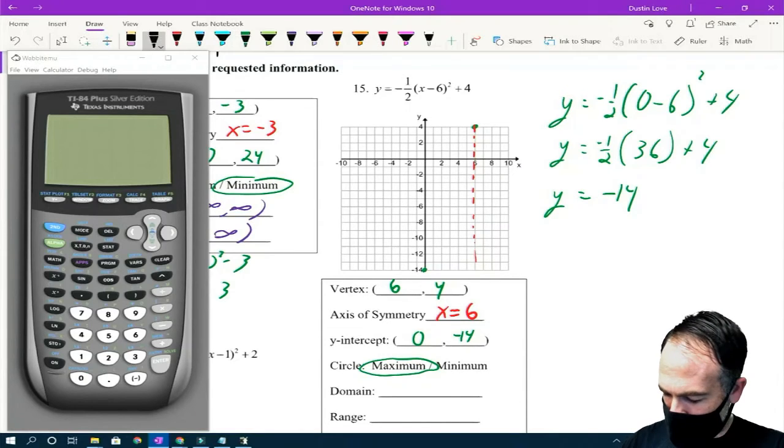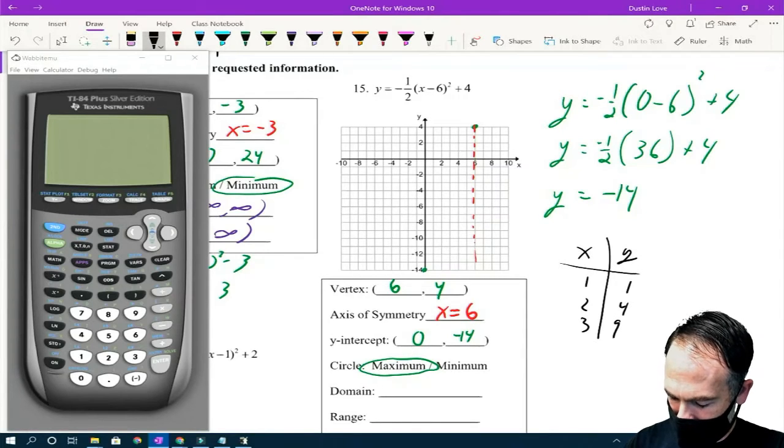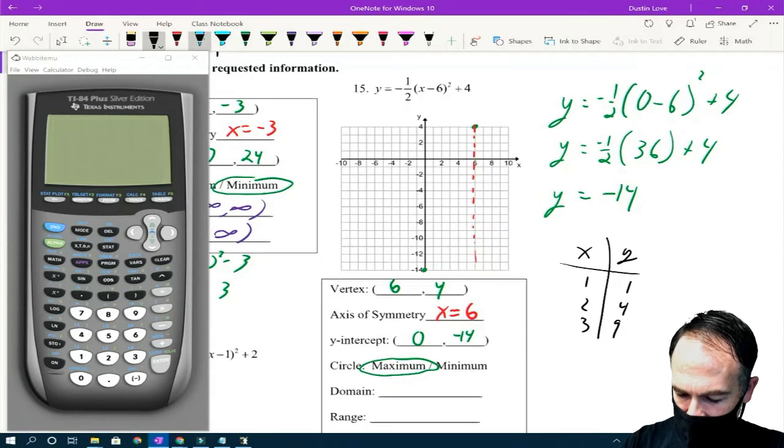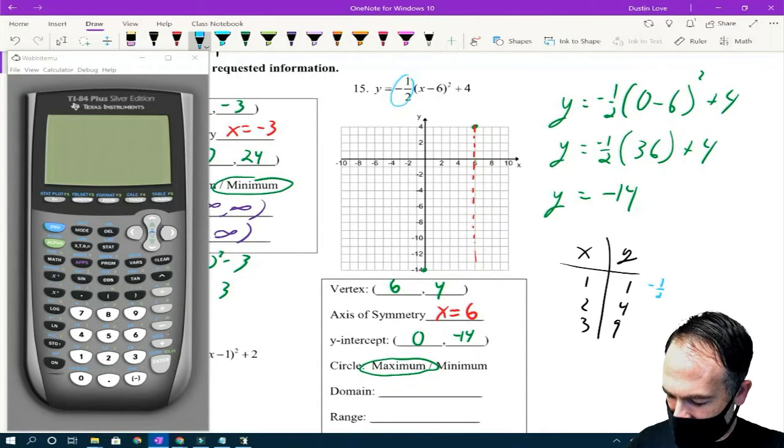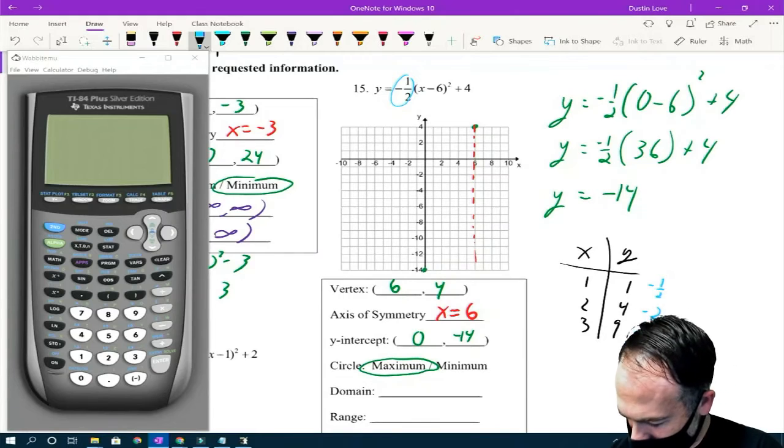Let's go ahead and do that XY chart to get some more points that we can graph. 0, 1, 1, 2, 4, 3, 9. So our a value here is negative 1/2. So we got negative 1/2. 4 times negative half is negative 2. And negative 4.5.